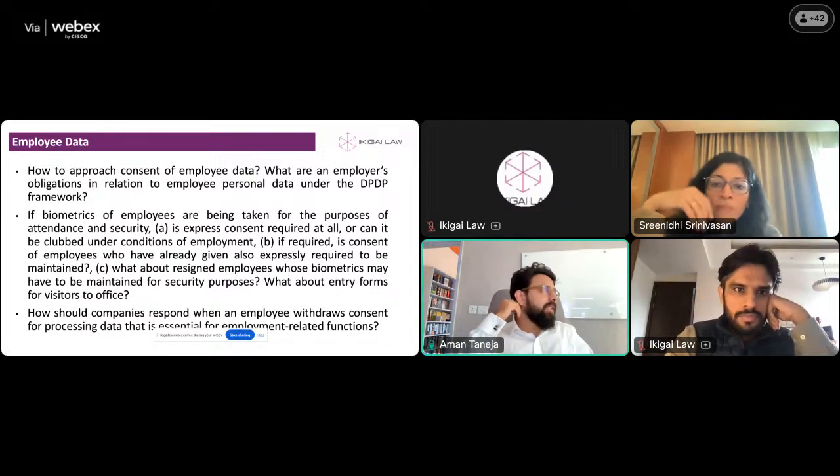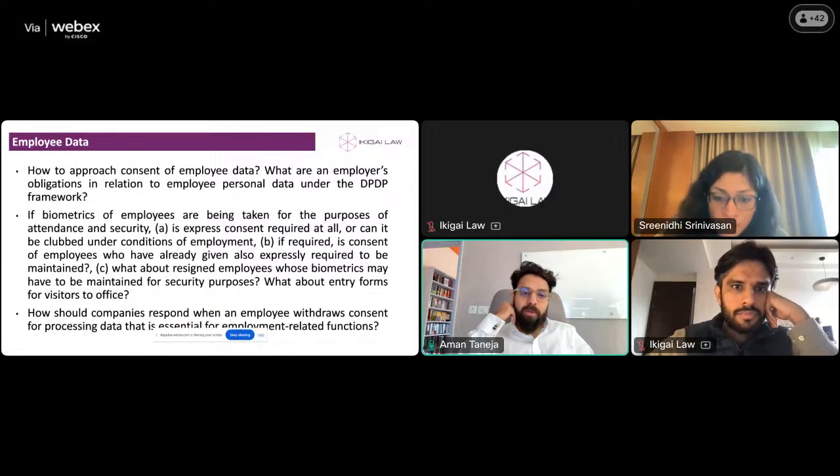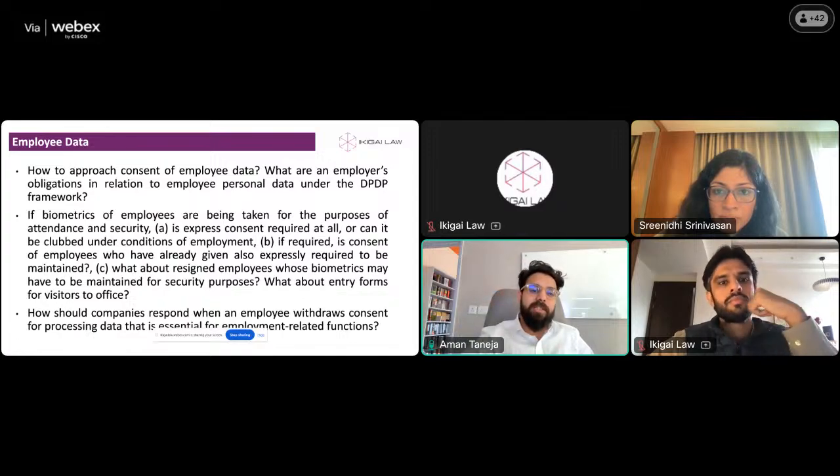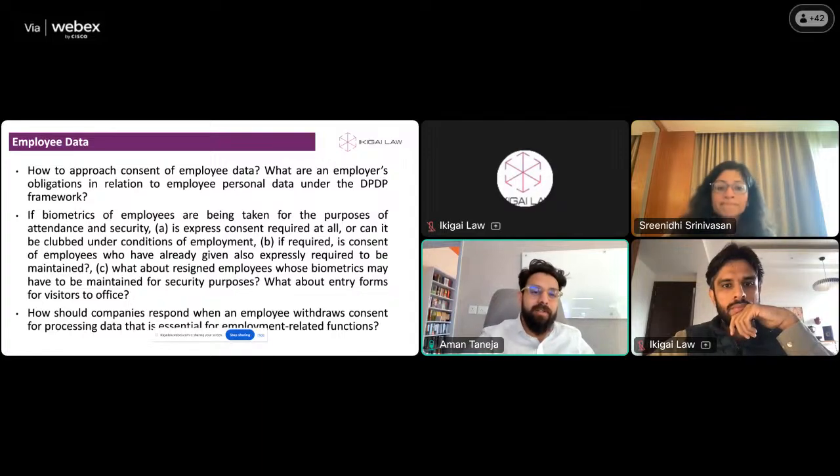Yeah, that's just coming from a place where other laws like the GDPR make it pretty clear that in an employment circumstance, consent cannot be a legal basis for processing because consent cannot be freely given.